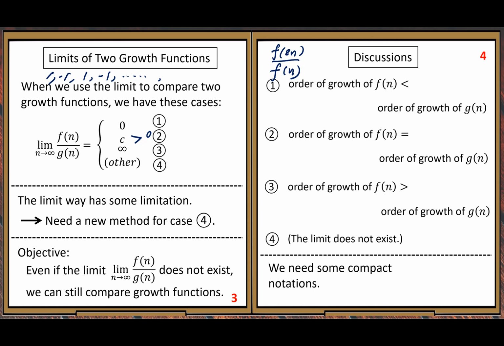For the first 3 cases, we want to find some compact notations. The reason is that if we want to talk about these 3 cases, we have to say relatively long sentences, a lot of words every time. That is not very efficient. So in this situation, we like to introduce some new notations.